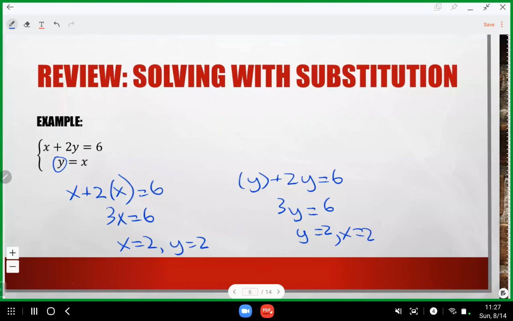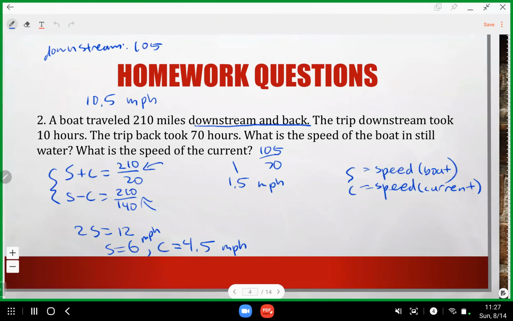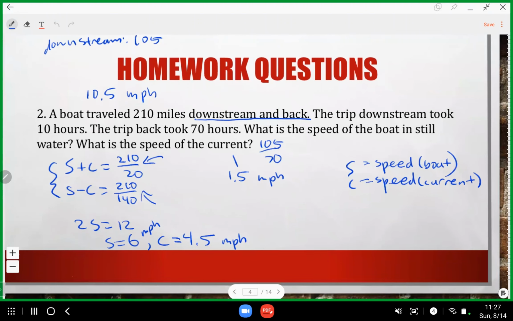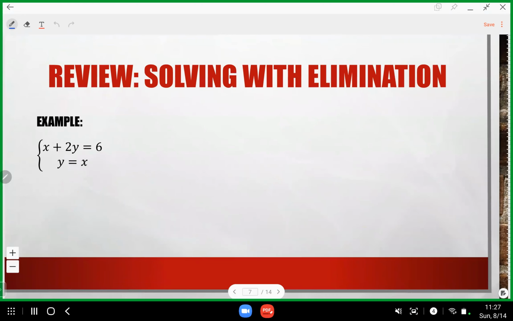So just a little review of substitution. In the homework, you really didn't need to use that much substitution. Most of them were elimination. But definitely review substitution, because in some systems of equations, substitution is the way to go.